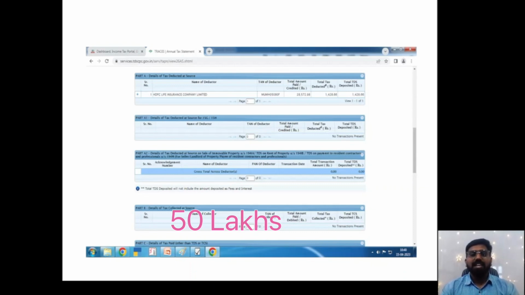In such a case, the buyer, while giving the sale consideration to the seller, will deduct 1% from the sale consideration. That 1% will appear in Part A2 of Form 26AS.